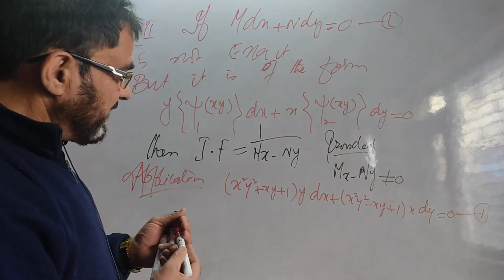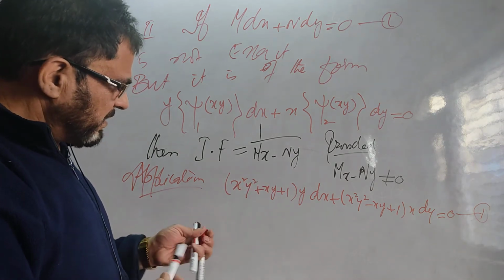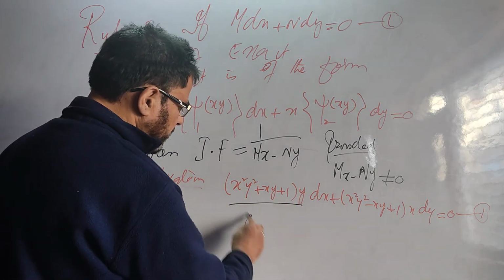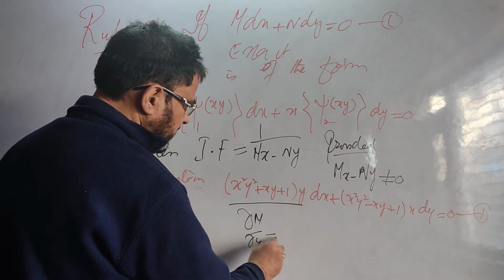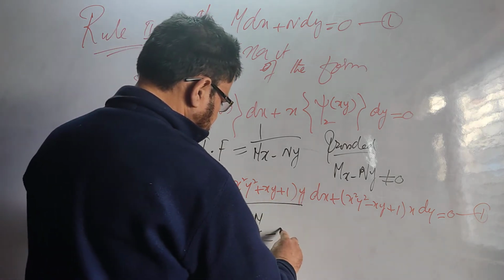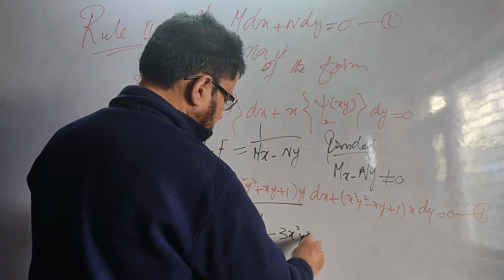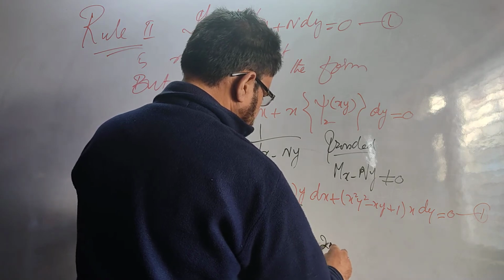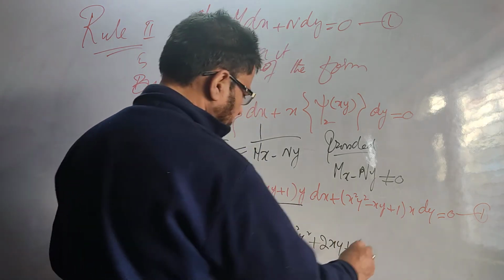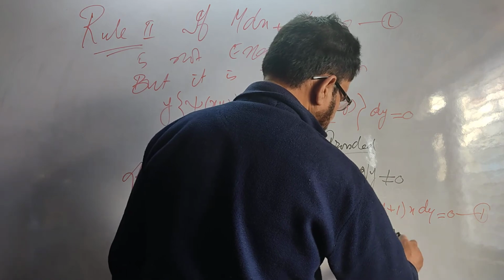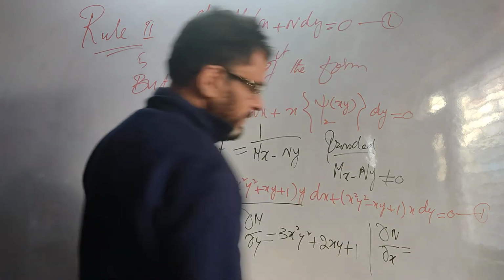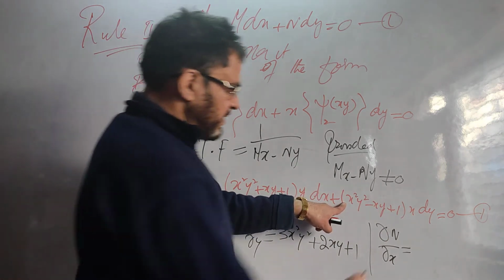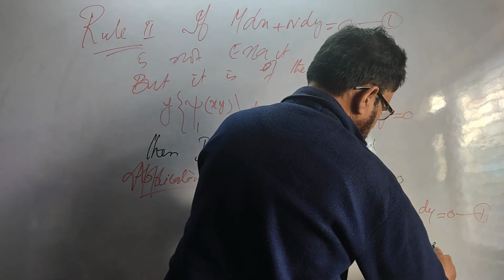I have to see first, is it exact? No, it is not exact. This whole is your M. When you find the partial of M with respect to y, it will be 3x square y square plus 2xy plus 1. When I find the partial of N with respect to x, taking this x in, this becomes x cube, whose derivative is 3x square y square.